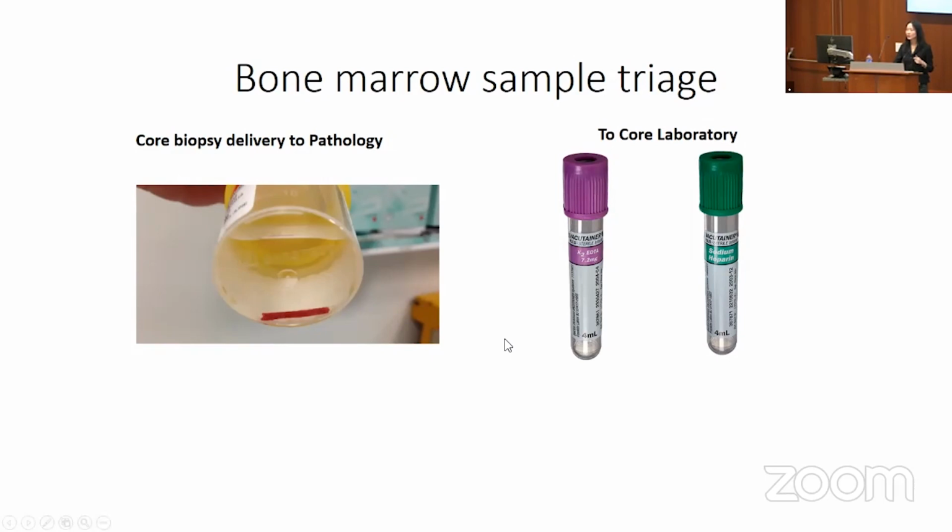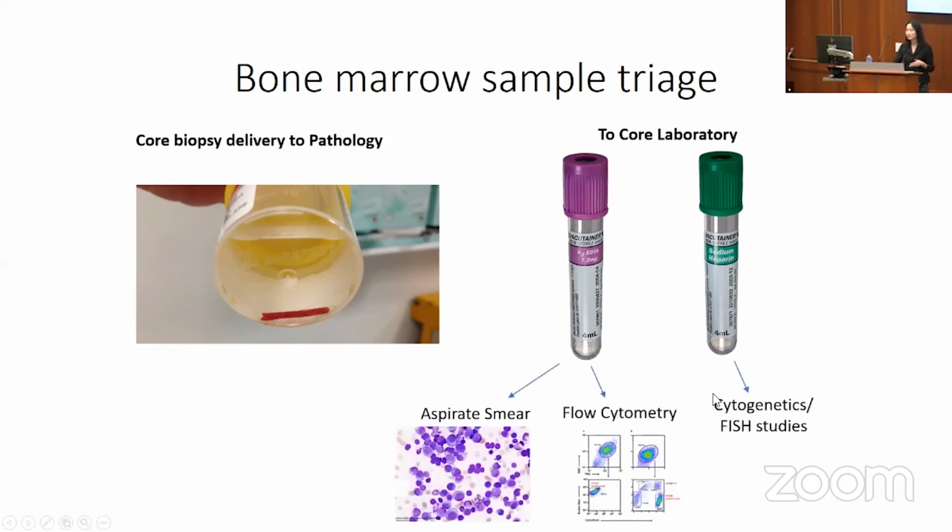And then with that kit for bone marrow, there are two tubes for the aspirate, the EDTA tube for the flow and molecular, and then the sodium heparin tube for the cytogenetics. So that gives rise to the triaging of this bone marrow sample. Once it's taken from the patient, it goes to these different laboratories for processing. And this gets combined in my department in pathology.